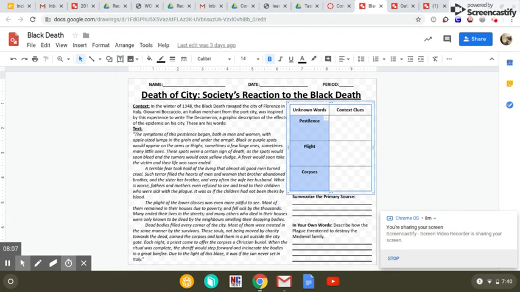Now, for my gifted or high flying learners, maybe I would leave the unknown words box blank. Again, test their knowledge. What words in this source do they not know? Have them challenge themselves.